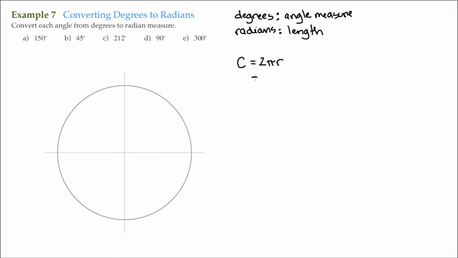Then the distance all the way around our unit circle is going to be 2 pi, because 2 pi times a radius of 1 is 2 pi. So if we started here and went all the way around up to here, the length, or the arc length, all the way around that circle is 2 pi.